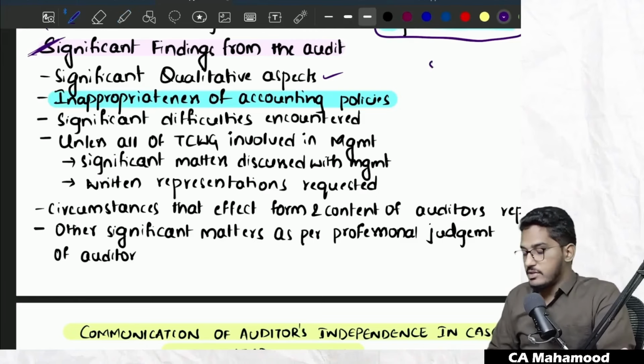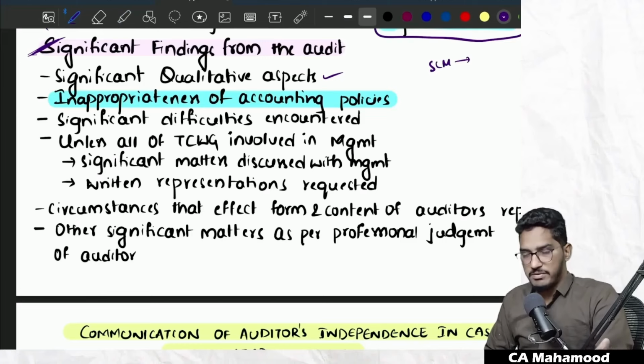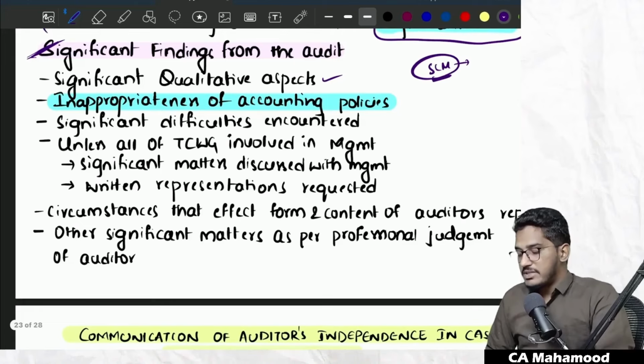For example, the client is following the SLM method of depreciation. That is suitable. That is permitted as per the applicable financial reporting framework. But the consumption pattern is not going to be uniform. Like I gave you the example for the fair presentation framework. The company is buying a plant and machinery, and the plant and machinery is of such a nature that it will exactly produce a number of units.